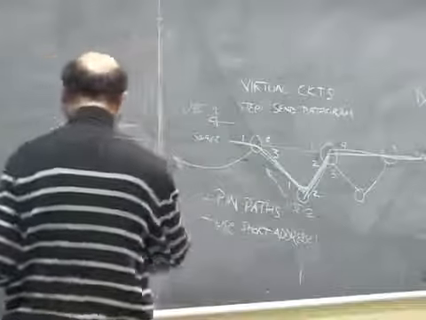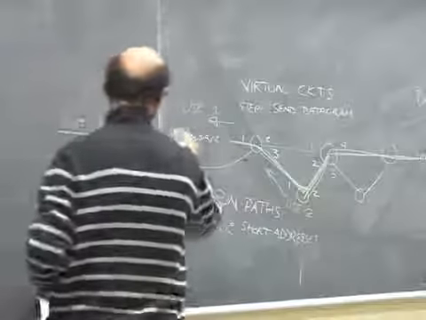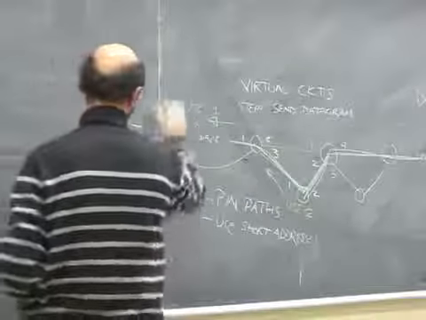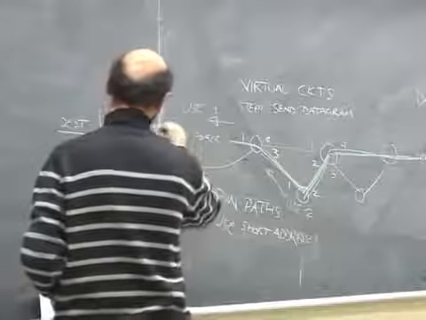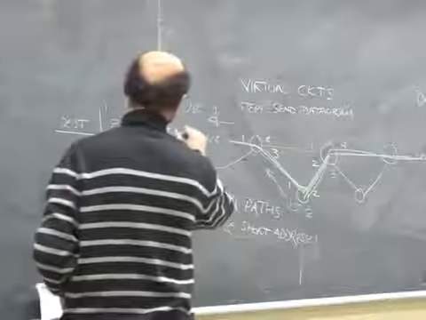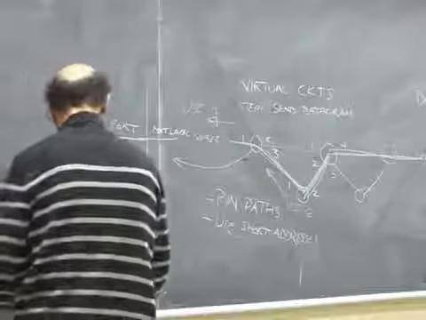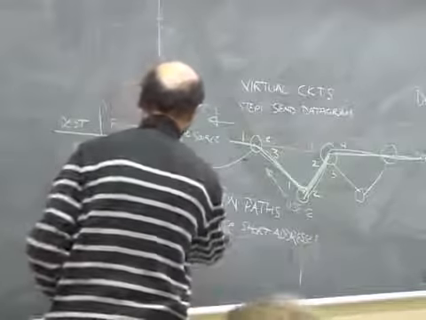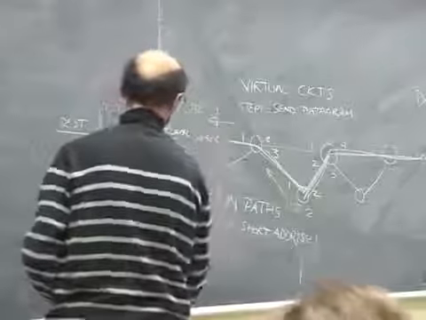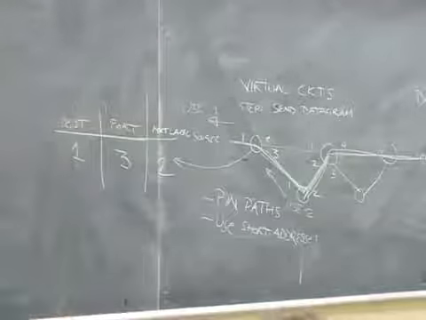Okay? So this table actually has one more entry in it, and the next label is going to be, in this case, 2. So that's all I really need to tell you.